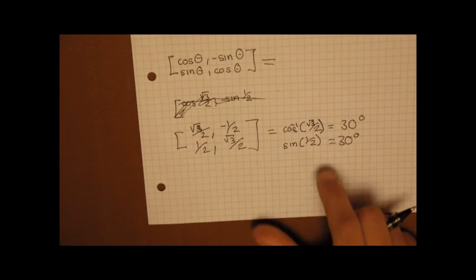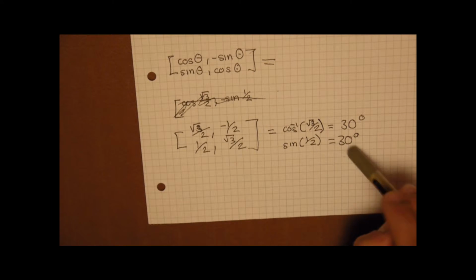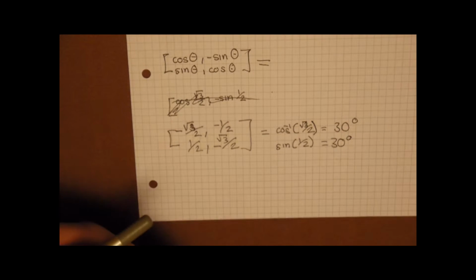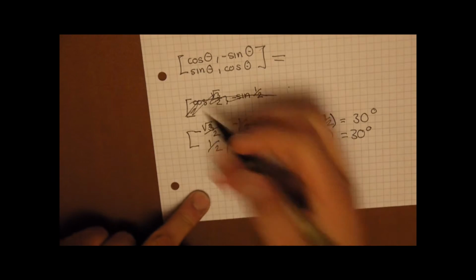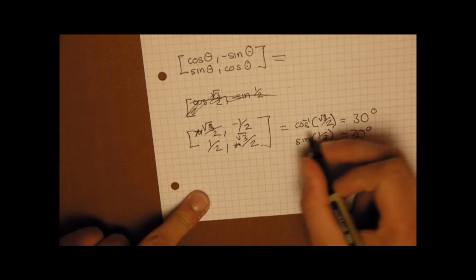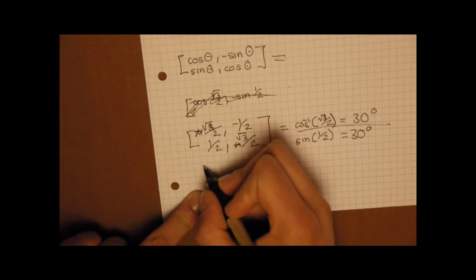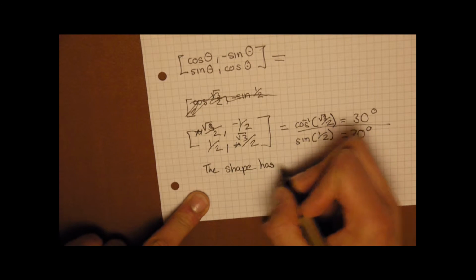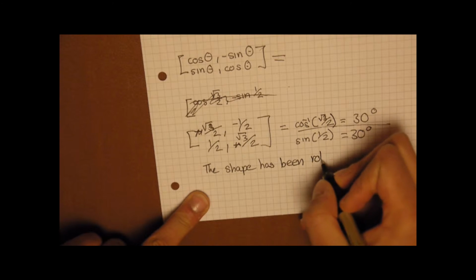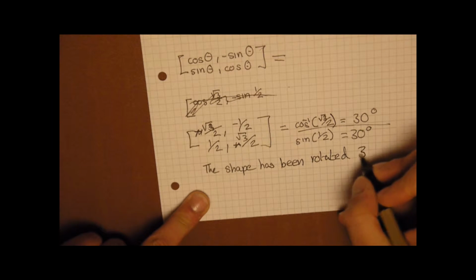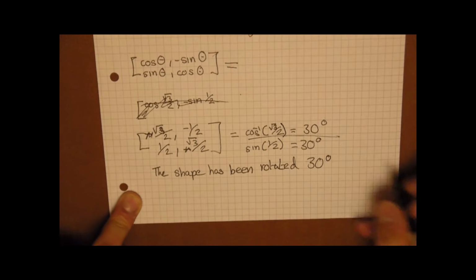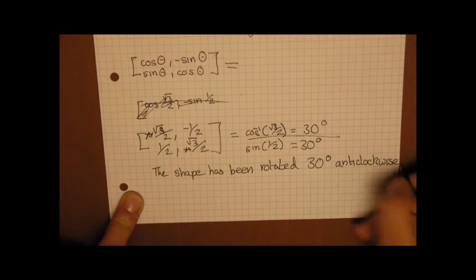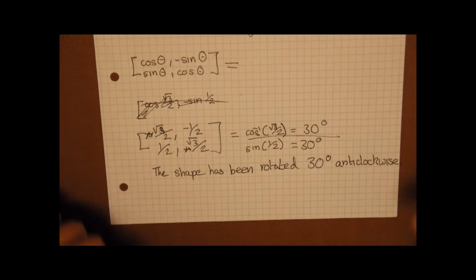Now, the way matrices work is that it's not 30 degrees clockwise. If it was minus root 3 over 2 and those two were minus as well, then you could say it was rotated 30 degrees clockwise, but it's not. It's only those two, so I'll get rid of the minus signs again. So you know that, because of matrix transformations, the shape has been rotated 30 degrees anti-clockwise.